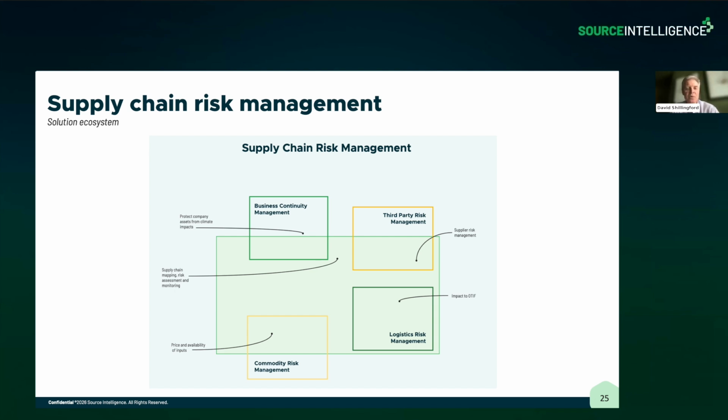Top right, we talked a bit about third-party risk management already, so supplier risk management. Again, that's a function that is quite often being handled separately. Bottom right, thinking about the logistics risk, the ability or inability for a company to take inputs and outputs and ensure that they arrive on time and in full.